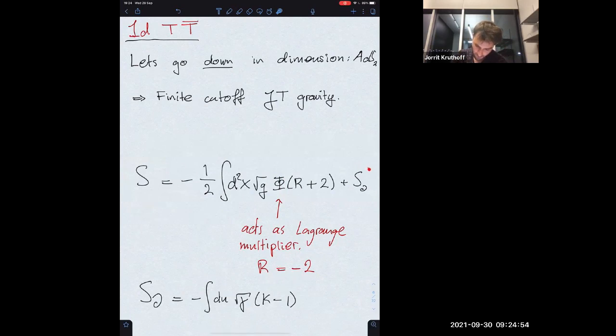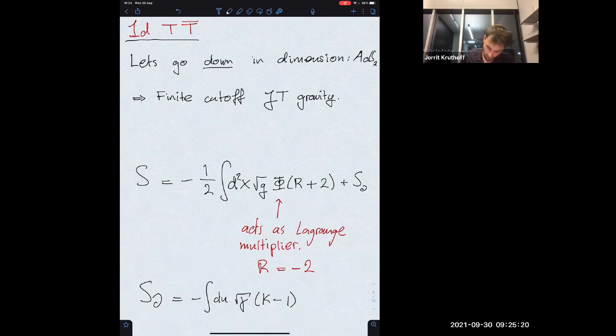Since we want to have a boundary where some quantum mechanics is going to be living, there will also be a boundary term. This boundary term is there to make the variational principle well-defined. The specific boundary term that I'm going to consider is this one.